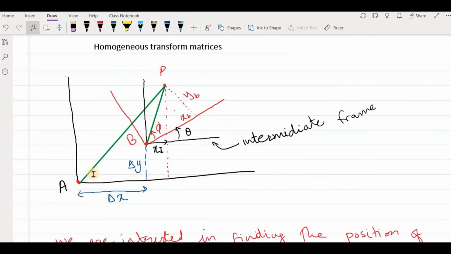So that's what we did already. We wanted to find the position of point P in frame A, and we had a frame B that is rotated with respect to A.